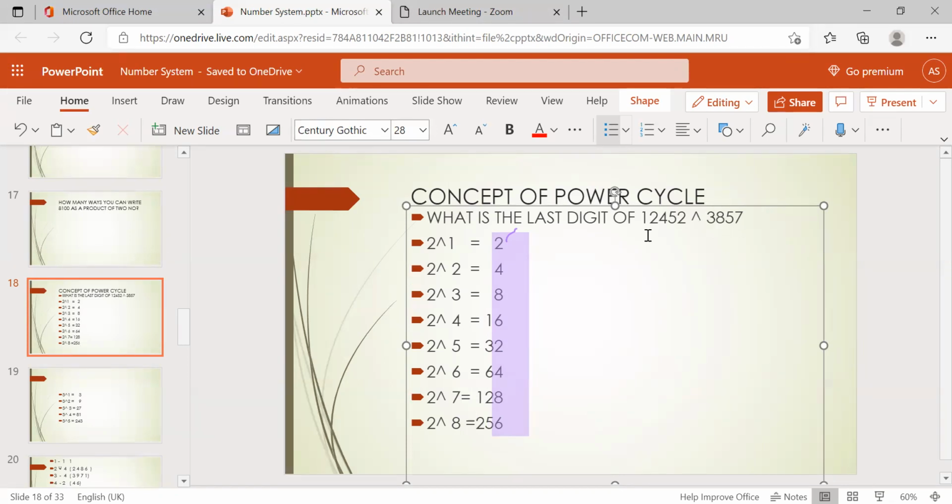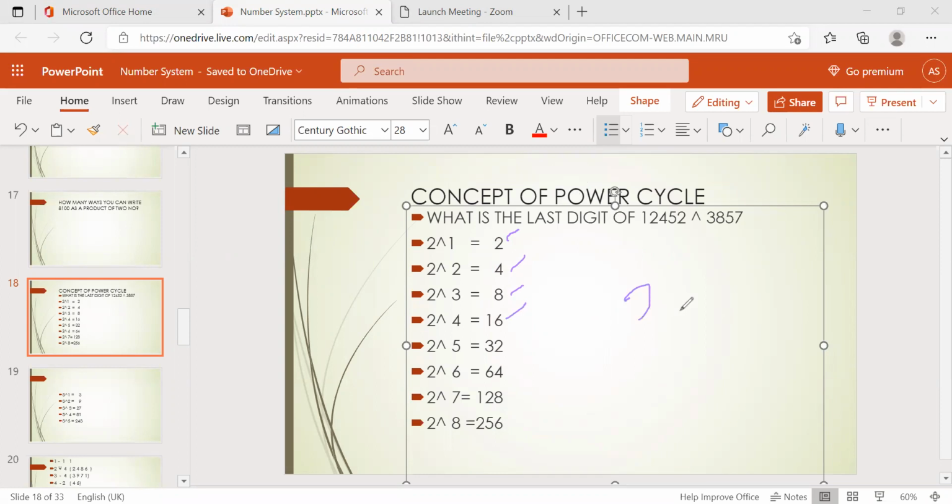It means they will ask for the last digit or unit digit to find. If you want to find that last unit digit, then you need to know what the unit digit of the power cycle will be. The unit digit of the power cycle repeats after 4 digits.